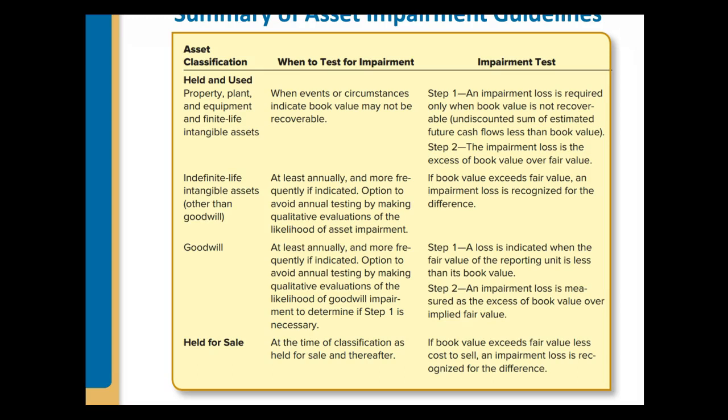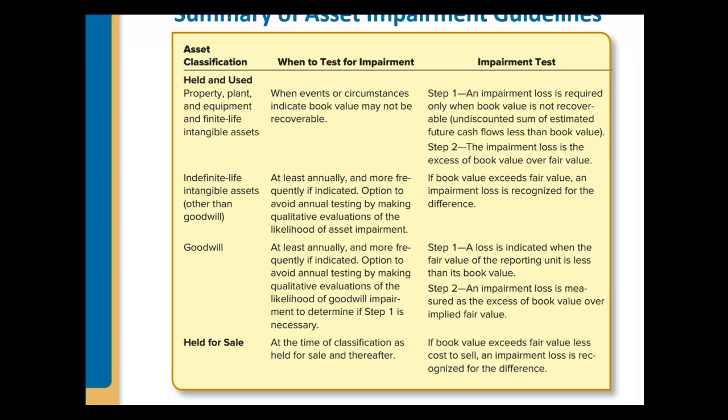This slide summarizes the guidelines for the recognition and the measurement of impairment losses. So let's just take a moment and go through these. So those assets that are held and used, like PP&E and intangible assets with a finite life, when we test for impairment, it's when events or circumstances indicate that the book value may not be recoverable.